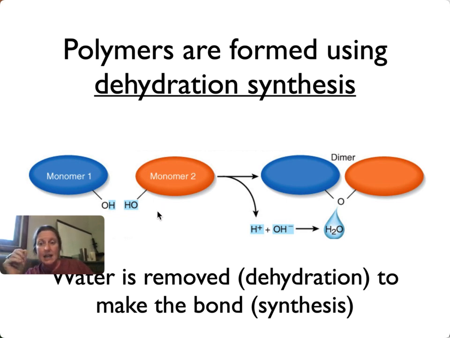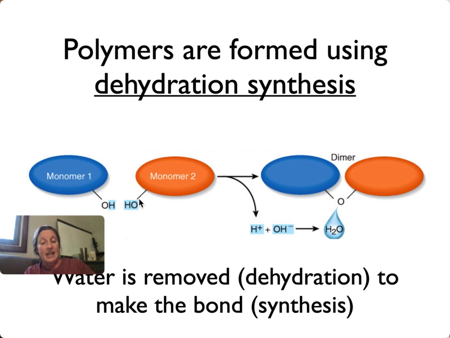So whatever enzyme it is, it holds these two monomers so that their hydroxyl groups are close together, and then it takes off the hydroxyl group from one of the monomers, takes the hydrogen off of the hydroxyl group for the other, and these two things combine to form water. So we've removed water from the bond.